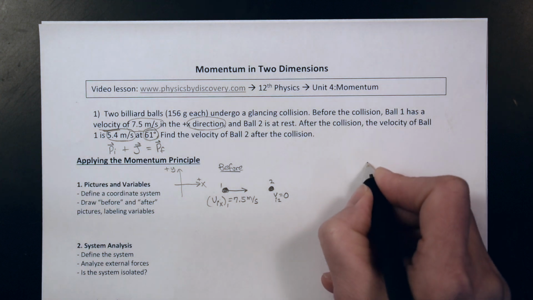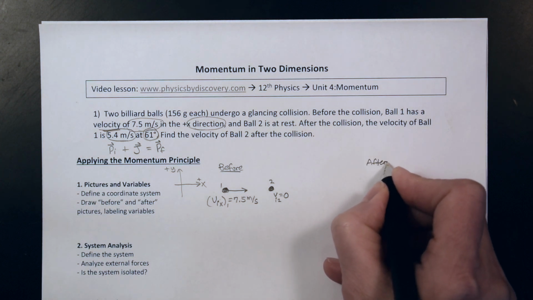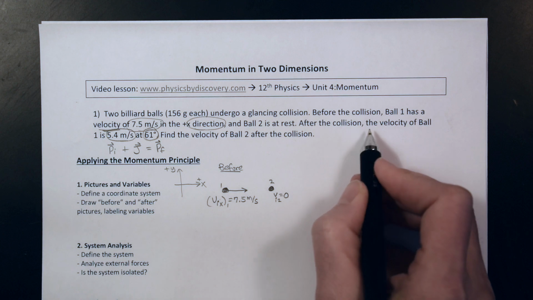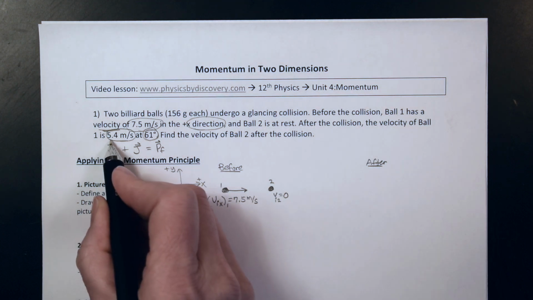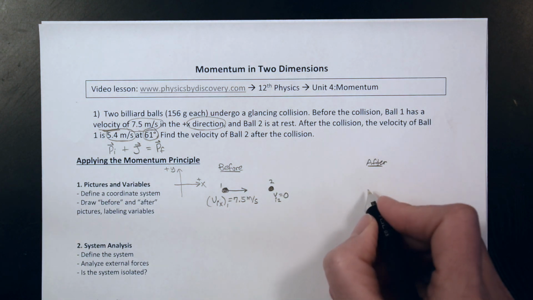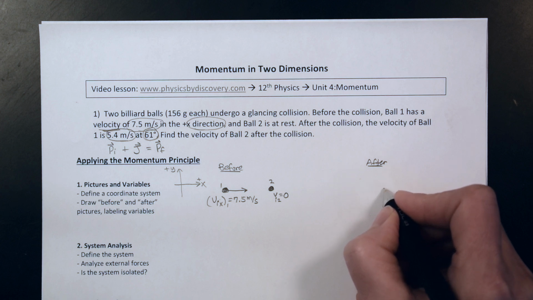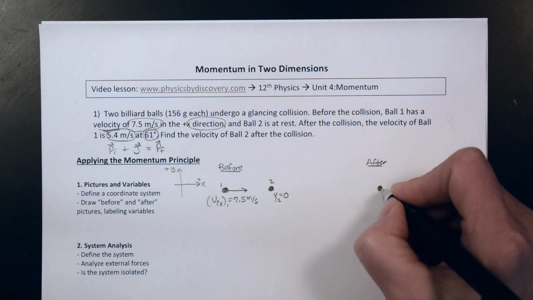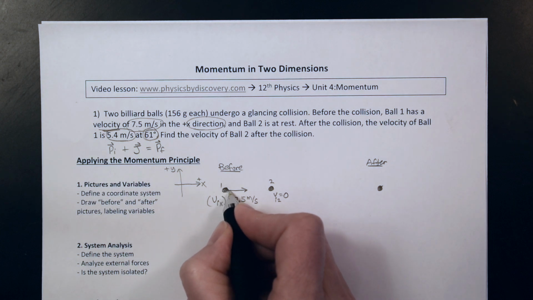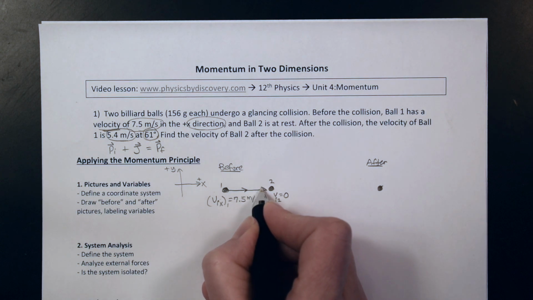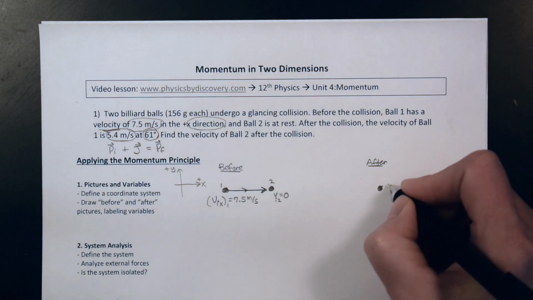Okay, then what about what's happening afterwards? So these balls collide. Ball 1 moves off with a speed of 5.4 meters per second at 61 degrees. So afterwards, ball 1, and I'm going to draw this large. You might find it really helpful to draw large diagrams. So I'm realizing when I do that, I'm going to be way out of scale with this. So maybe I'll just make this velocity vector longer so that it'll be a little more to scale.